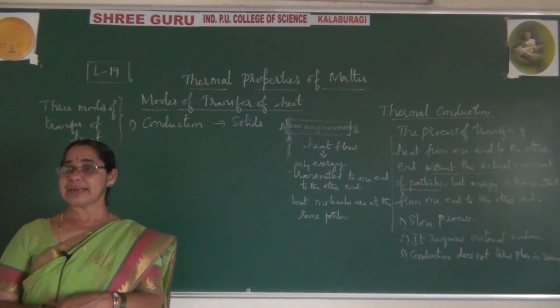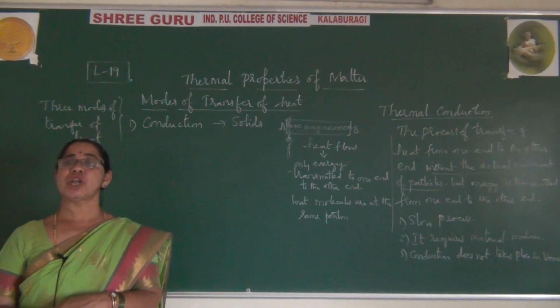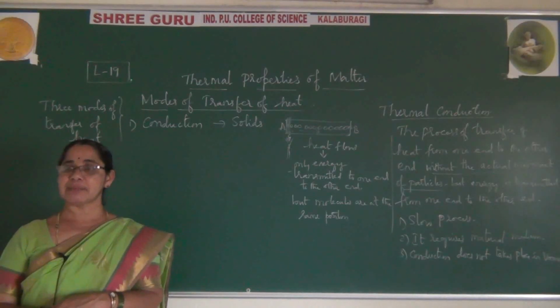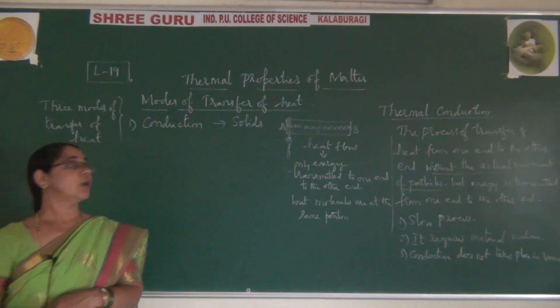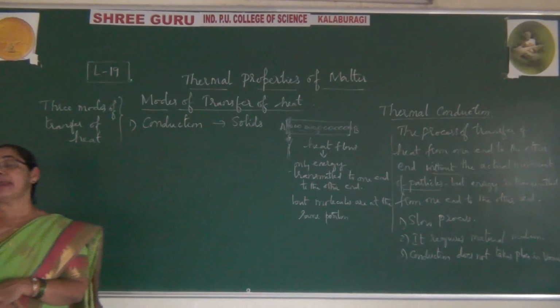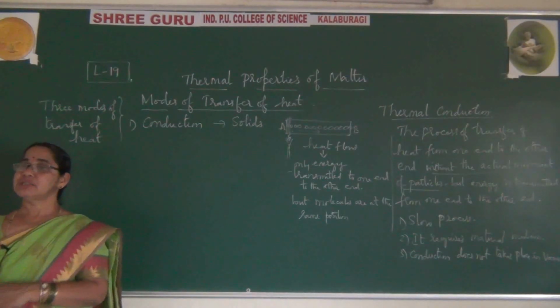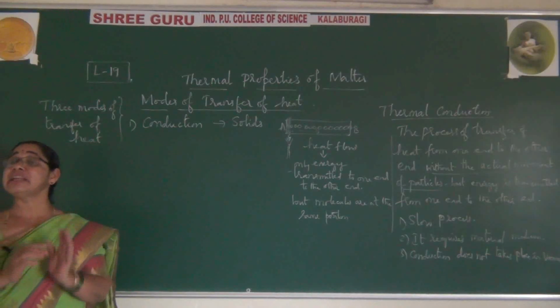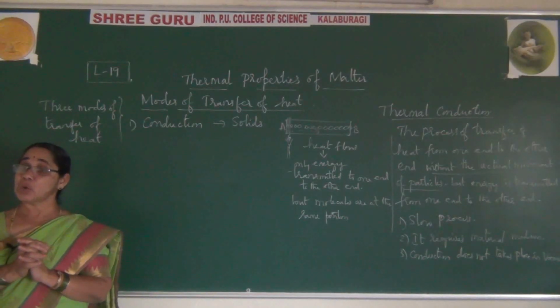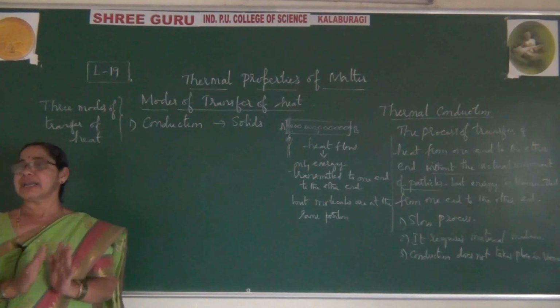Among bad conductors we come across non-metals, where you can give examples like wood and wool. All these are bad conductors of heat. So you can also say they are insulators. They will never allow heat to flow from one end to the other end.